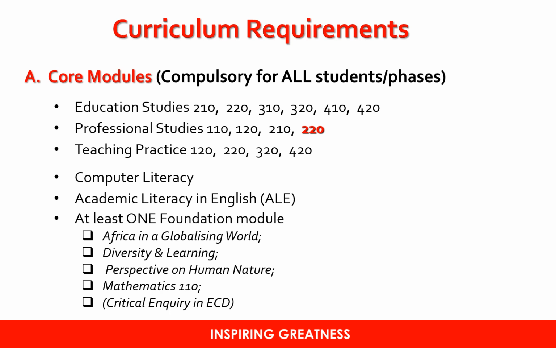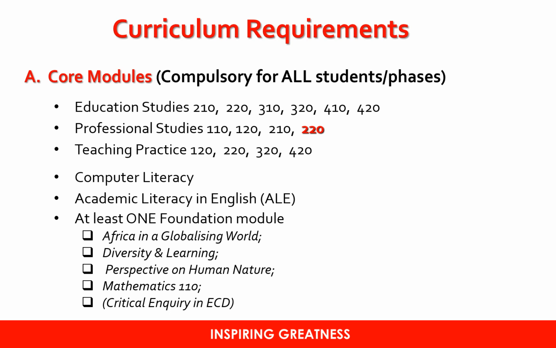Then in first year, you should have passed computer literacy, academic literacy in English, which we normally just refer to as ALE, and then you should have passed in your second year one foundation module. Now, we have 5 foundation modules, and you could have done any of these 5.